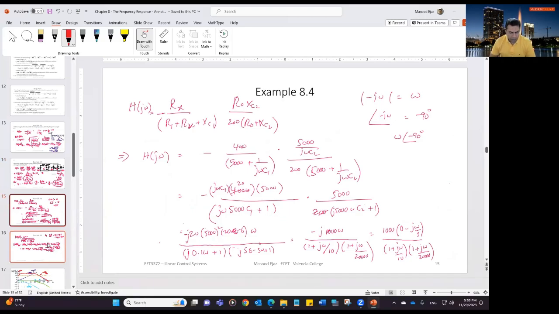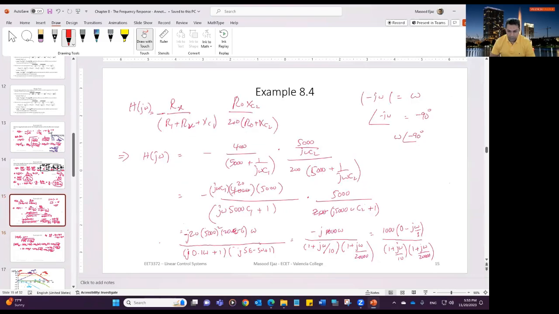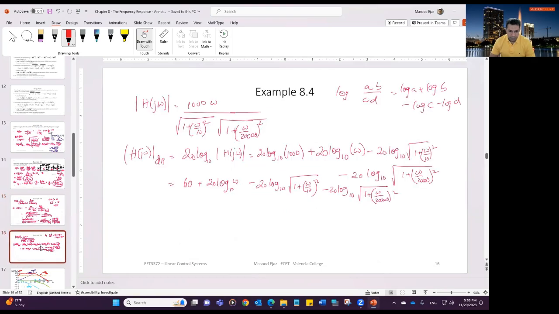I think we had a little issue in this problem. I didn't go back and check, so our values somewhere might not be correct. But assuming that this is our transfer function, then based on that transfer function, we created the plot. We had 3 factors or 3 parts. We had a constant, a zero, and then we had 2 poles.